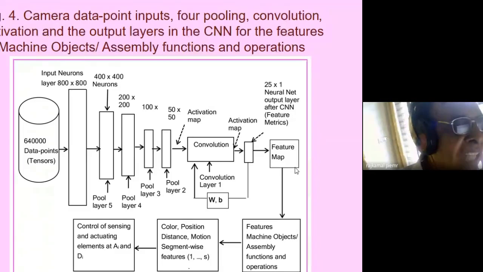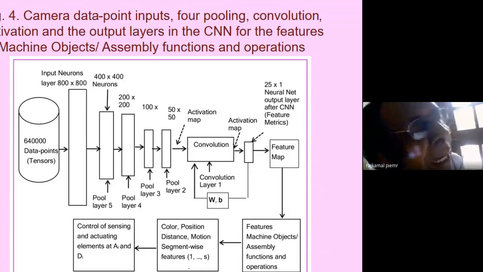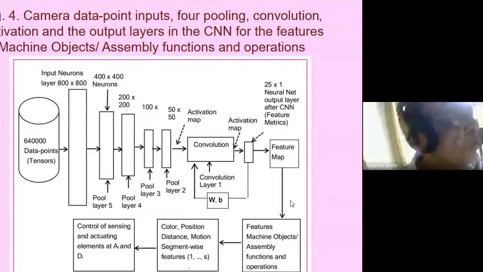So next time, whenever another image having the same features comes up, I am able to do the inferencing that he is Professor XYZ. These features correspond to machine objects and so on. So if I am able to generate correctly the feature map from the input tensors, then I will be doing the AI operations. I will be able to do the AI inferencing intelligently.